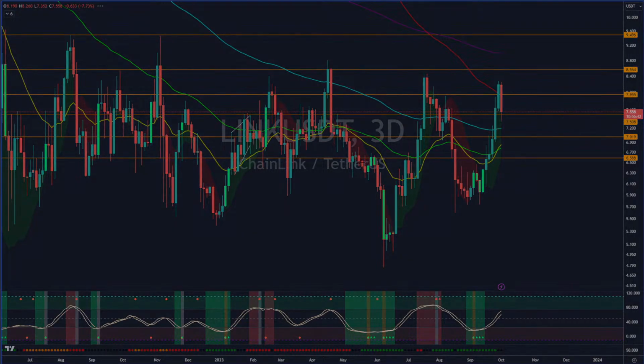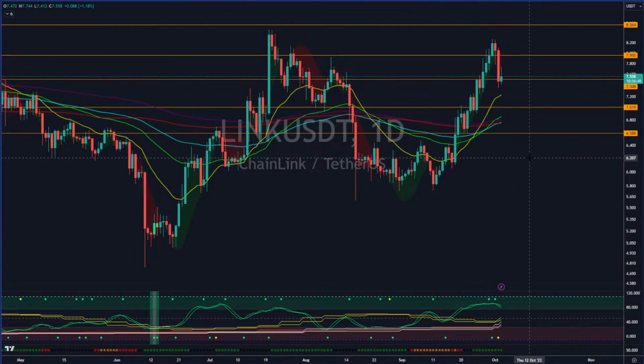If we go to a daily, it's above all major moving averages, and everything is crossing bullish. These are good signs. A test of this 21 exponential, currently at about 7.25, would make a whole lot of sense. Looking at the Wave Master indicator, we had a good squeeze here and a good expansion off of that squeeze.